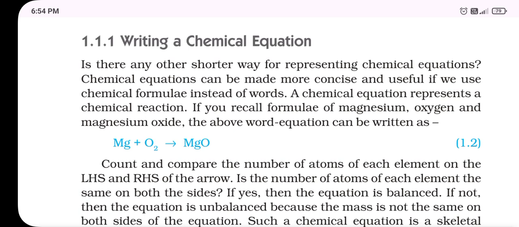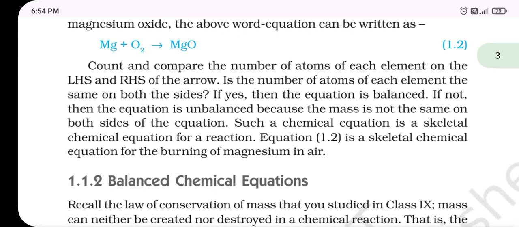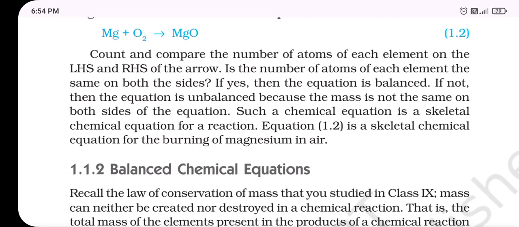So that's why we write oxygen as O2 over here at the reactant side. Count and compare the number of atoms of each element on the LHS and the RHS of the arrow. Is the number of atoms of each element the same on both sides?